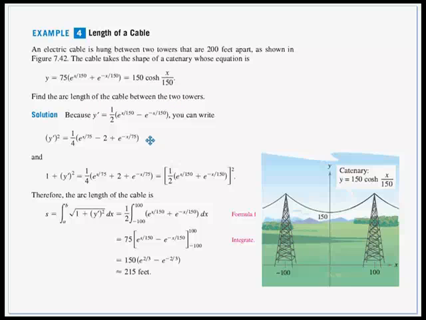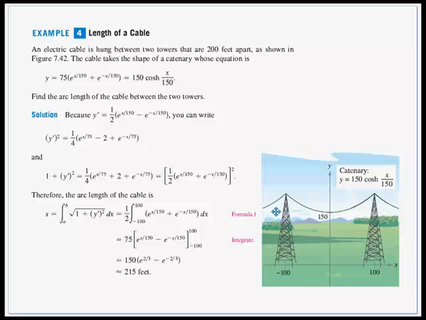Find the arc length of the cable between the towers. So, here is our derivative, and we plug that into the formula, square it. We go through all these complicated computations, and we take the antiderivative and get approximately 215 feet.